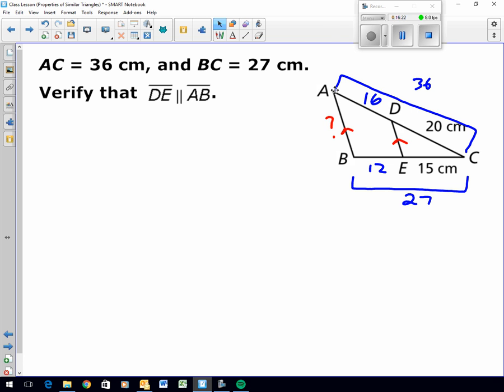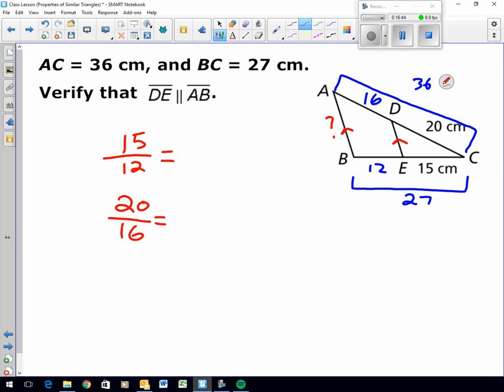And guess how we're going to do that? Well, actually, in this case, we don't have to cross multiply. I'm going to do it like this. 15 over 12 would need to be the same ratio as 20 over 16. Y'all tell me what that is.